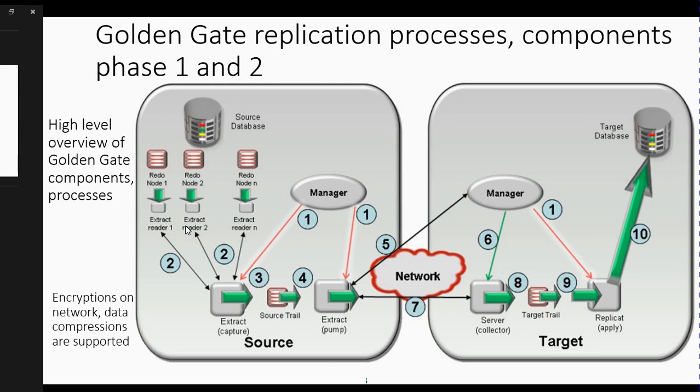The transaction data that's been captured and parsed is stored in the trail files, and the trail files are the objects being transferred over to the target database by the pump process. So the trail files contain the transactional data.